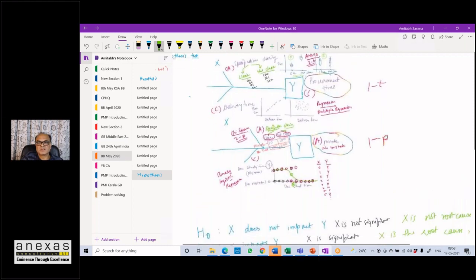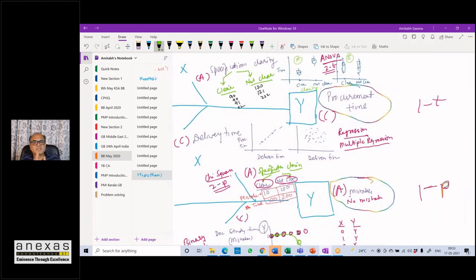So when someone says, can you tell me, is procurement time impacted by the specification clarity? Well, you say maybe or maybe not. You're a black belt, isn't it? You say, let the data prove it. You can't rely on your logic, intuition, experience. Remember what Deming said, in God we trust, all others bring data.